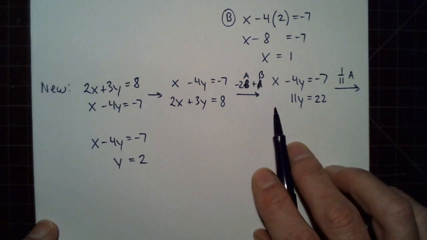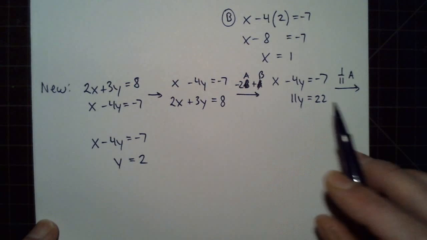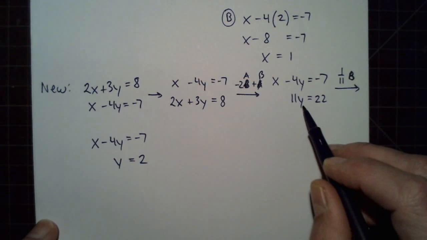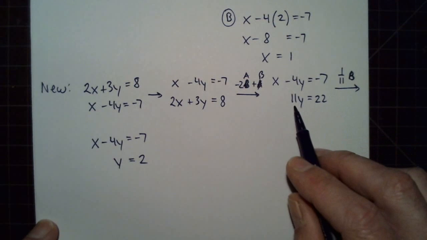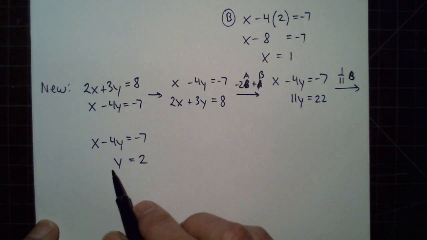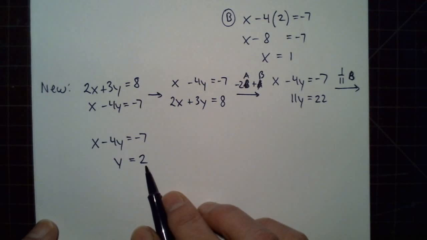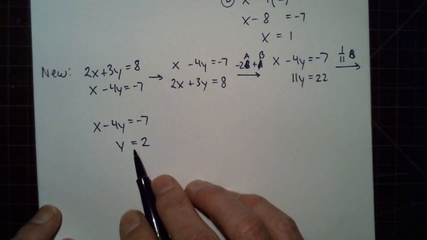We have 1x and a 0, and now we want to make that a 1. So we're going to multiply by 1 over 11. This says multiply b by 1 over 11. So multiply by 1 over 11, we're going to get 1. Multiply by 1 over 11, we're going to get 2. This is row echelon form.